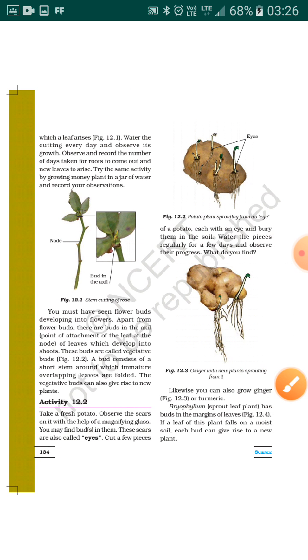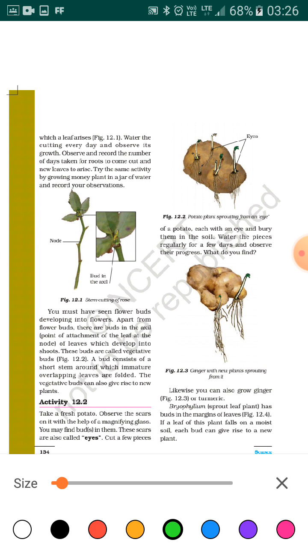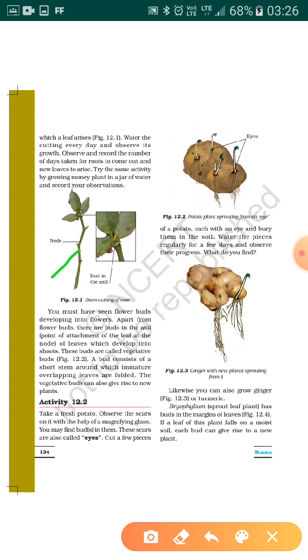You can see in this given picture, this is the node. A node is a place on the stem on which the leaves, branches or flowers arise, and the distance between two nodes, for example this is one node and another node, is the internode. This you have studied in class 6th.